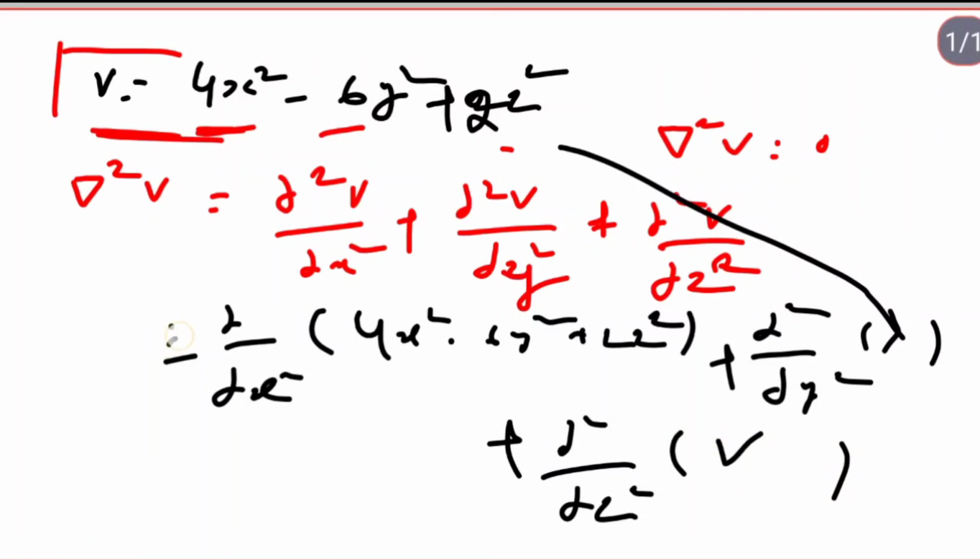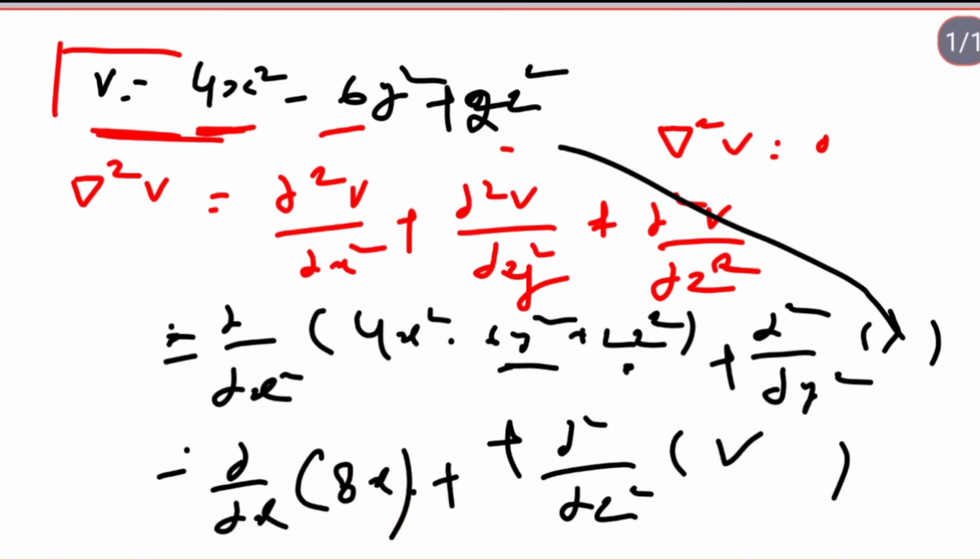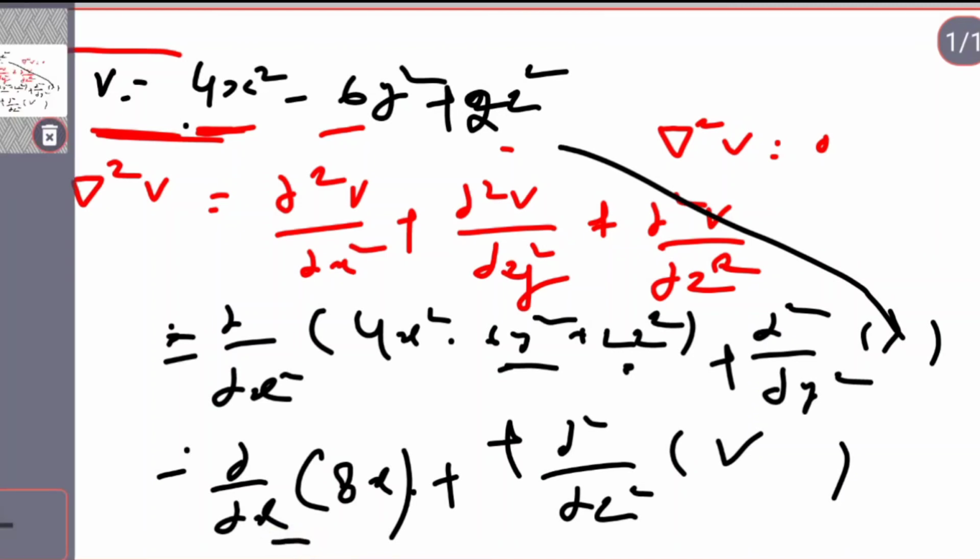If we do partial differentiation dou by dou x of 4x square, the y square terms are 0, so the partial differentiation of 4x square is 8x. Again we differentiate, first partial differentiation, after that again differentiation.